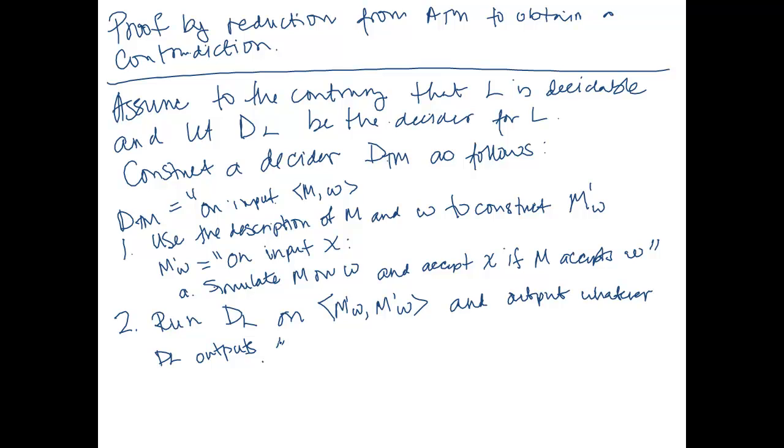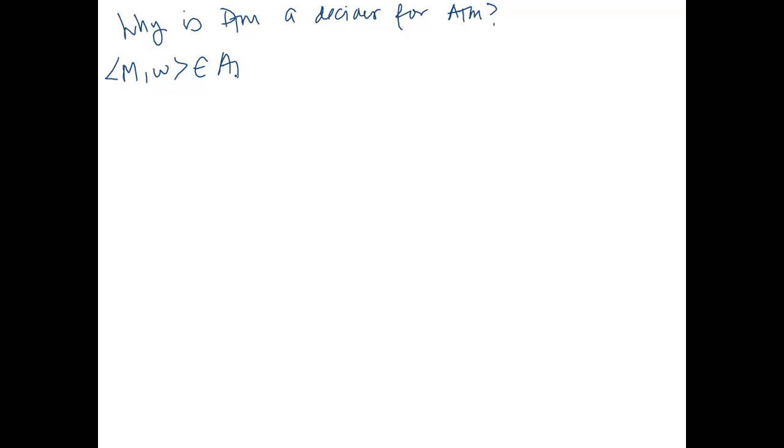Okay, so now we would want to explain why DTM is a decider for ATM. Let's consider what would happen if we take an arbitrary string in the language of ATM. So if M, W is a string in the language ATM, what happens?